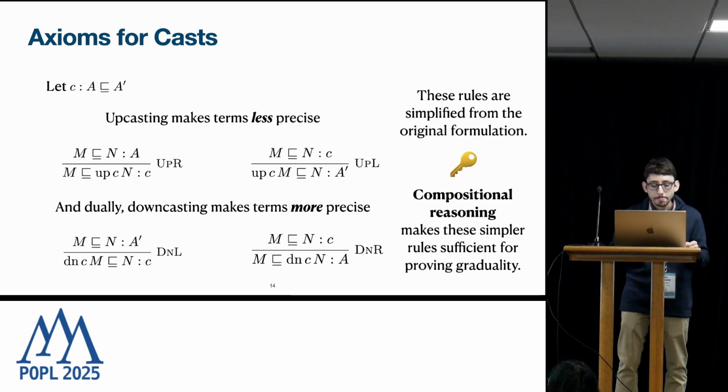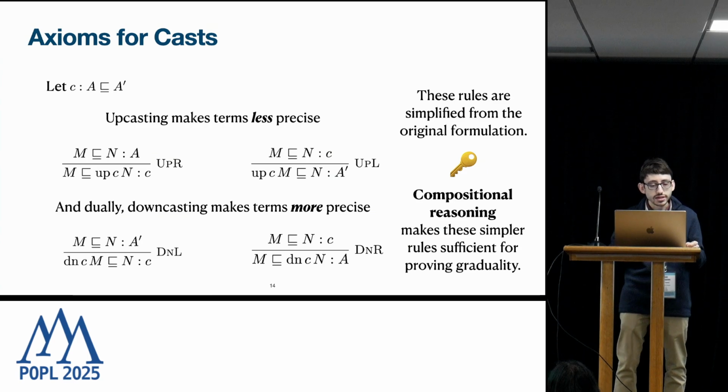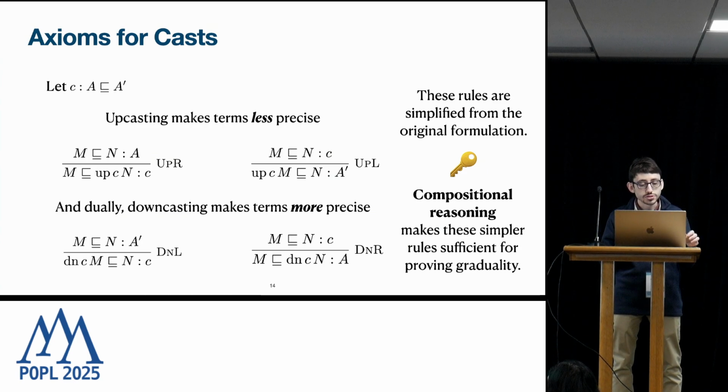Now importantly, the axioms shown here are actually simplified from the original formulation as used in prior work. And it's a concrete benefit of compositional reasoning that it allows us to derive the more complicated original rules from the ones shown here, rather than needing to prove the complicated ones from scratch in the model, as was done in prior operational approaches.